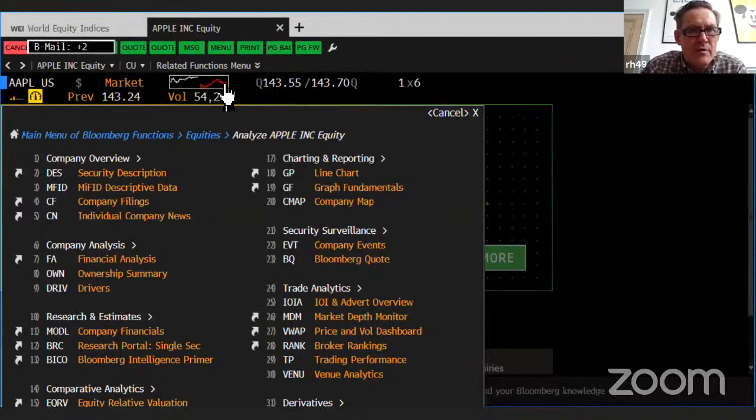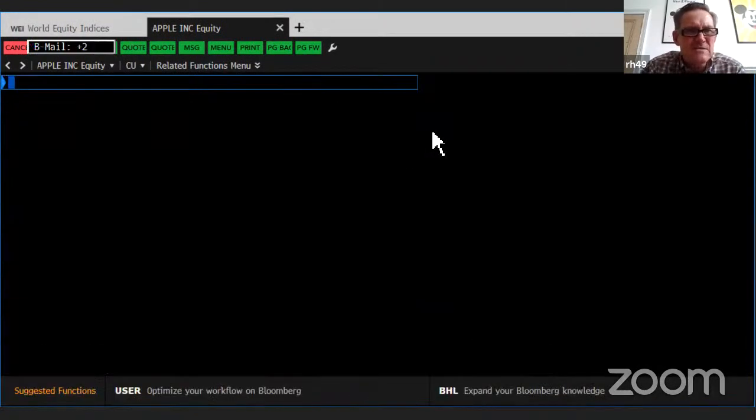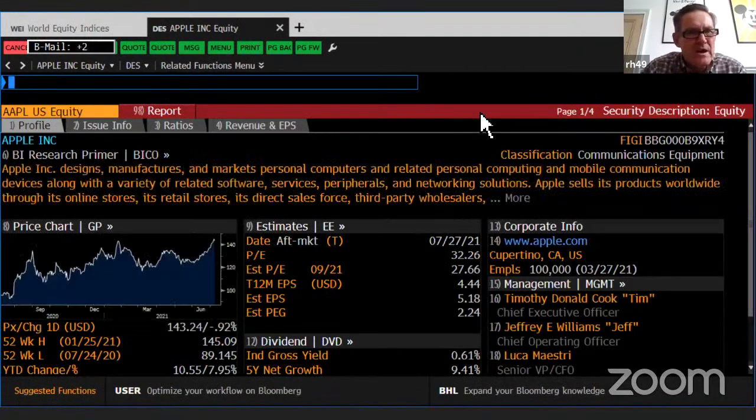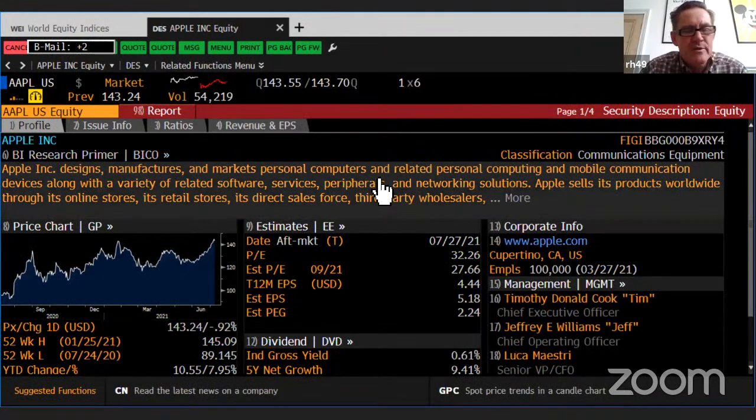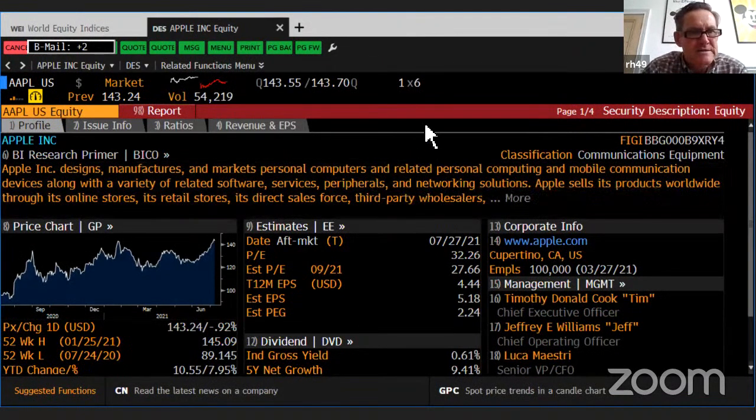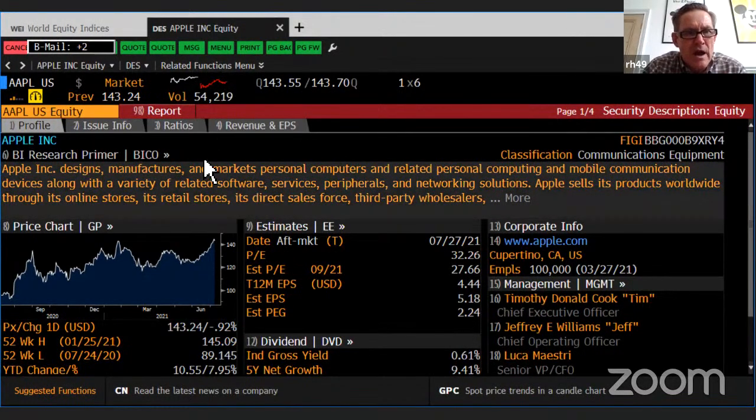It was up the day before and it's down yesterday like most others. And we've got lots of information here which will give us some details. So first of all, the security description gives us an overview of the company. If we didn't know what it was already, it's telling us about it: it designs, manufactures personal computers and personal computer equipment. And we can always look for more information.